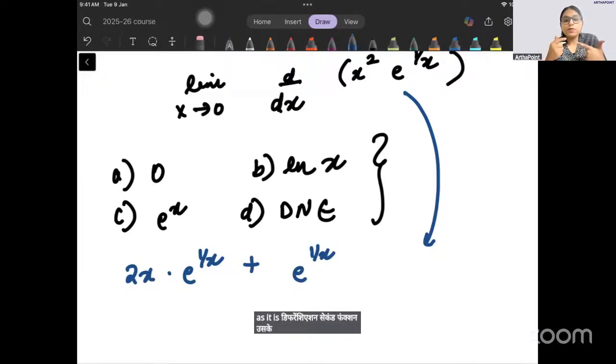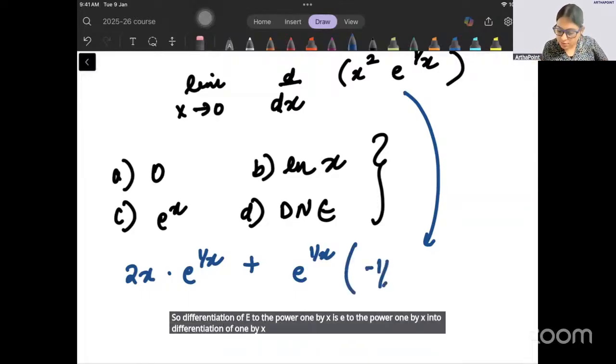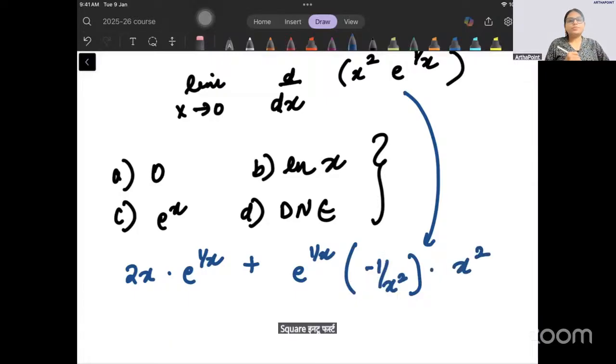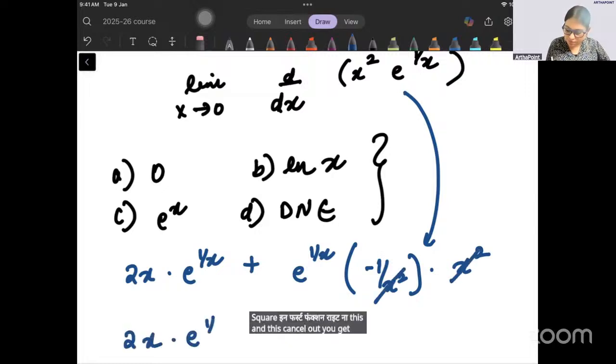Differentiation of e to the power 1 by x is e to the power 1 by x into differentiation of 1 by x, which is minus 1 by x square, into the first function as it is. Now, this and this cancel out.